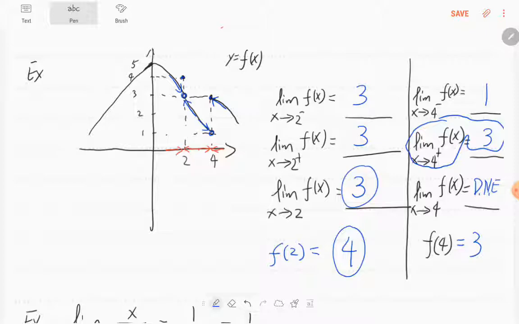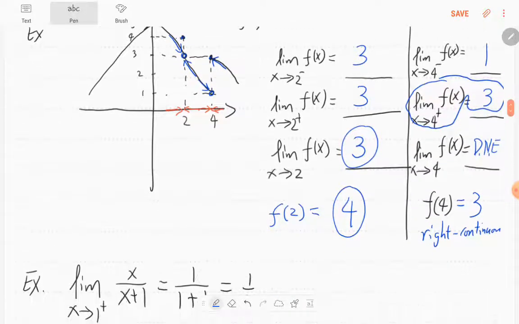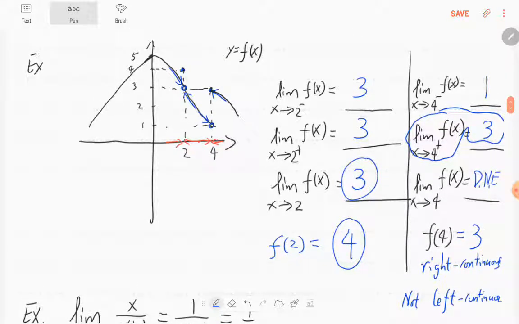So this function is right continuous at 4. But the limit as x approaches 4 minus is equal to 1, which is not equal to f of 4, since f of 4 equals 3. So this one is not left continuous.